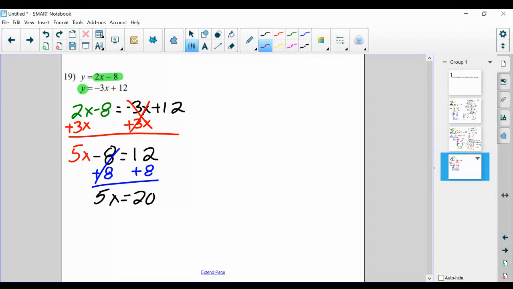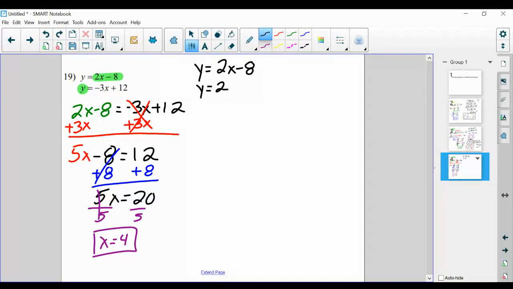And to get x all by itself, we have to divide by 5. Therefore, x is equal to 4, which is great. So now we're going to go back into one of our equations and substitute in the x value that we now found to find the y value. Well, looking at that top equation, we have y equals 2x minus 8.